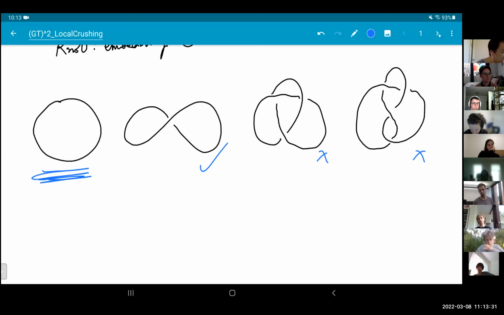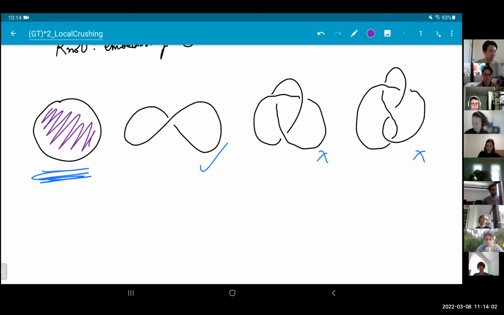One is the way I'm going to characterize something being untangleable: the knot bounds a disk. If you look at the trivial example, clearly this knot bounds an embedded disk in S3, or in R3. And the claim is that this is an if and only if.